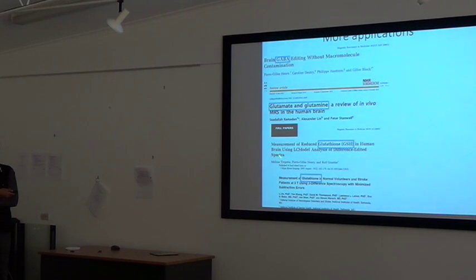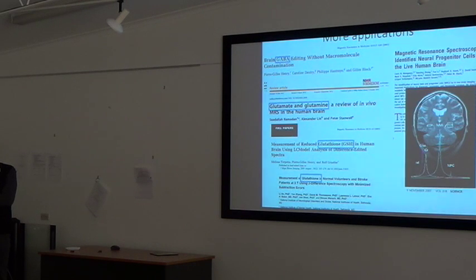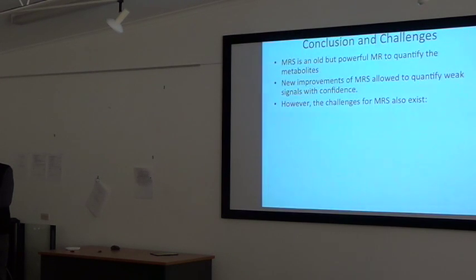All this can be done using the MEGA-PRESS sequence, which is going to be established on our scanner. And, more interestingly, you can use MR spectroscopy to target neurogenesis, which is part of my PhD work. However, I don't have any results to share with you at the moment, but that is what we will do in the future.